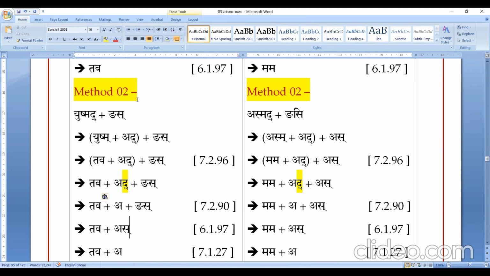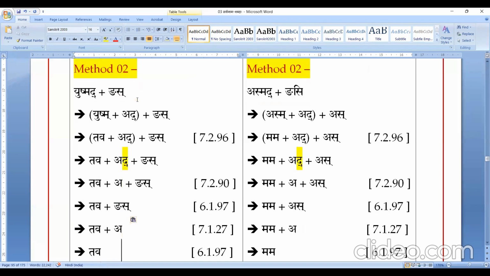Here also Nas. And by the sutra 7-2-27, Ishmadasmadhyam Naso Ash, Nas is replaced by A. Anekachit also, Sarvasya Sthane. Therefore, Tava you get. Similarly, here also it is Nas. Asmad plus Nas, Tava Mamau Nasi.